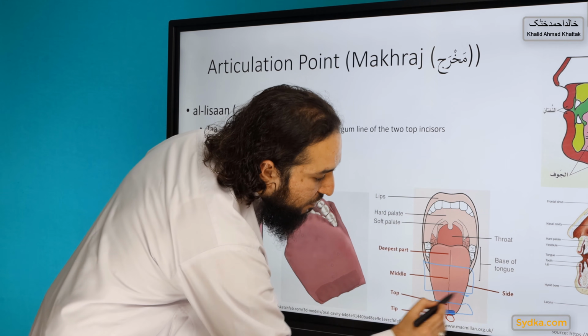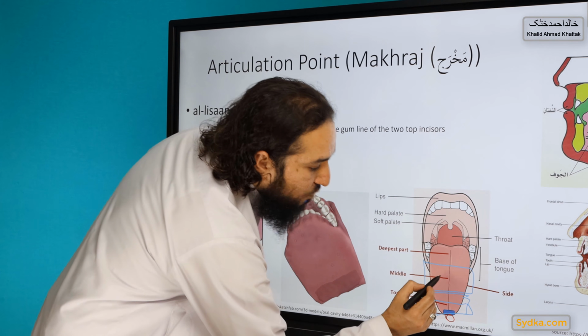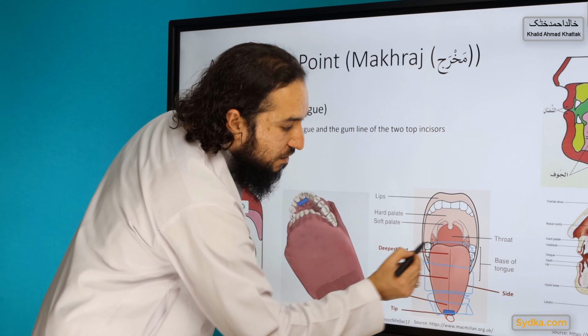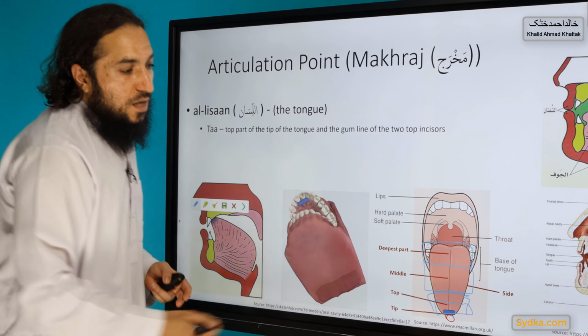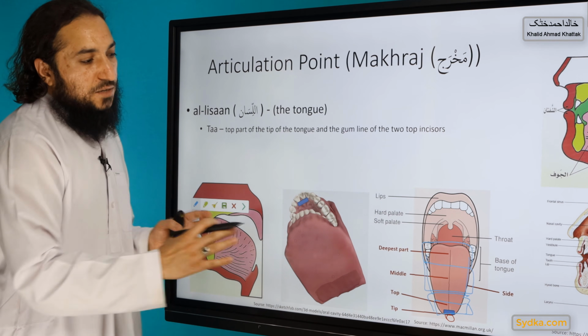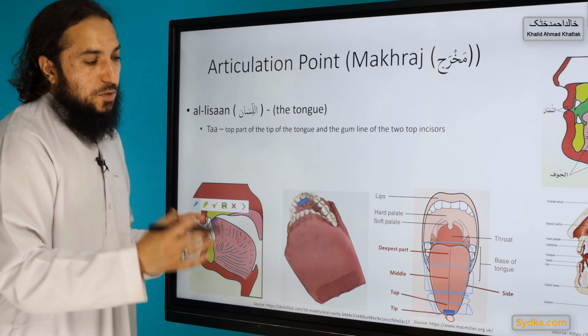This one is the middle part of the tongue, and this one is the deepest part of the tongue. And these are the sides. So we can divide the tongue into multiple parts.